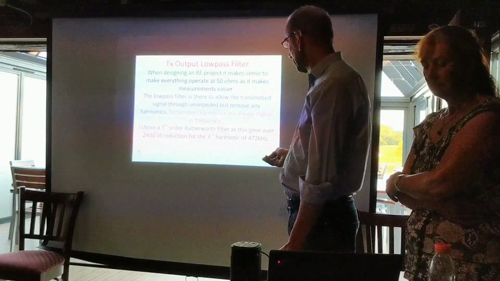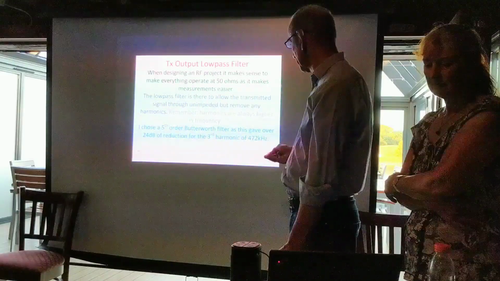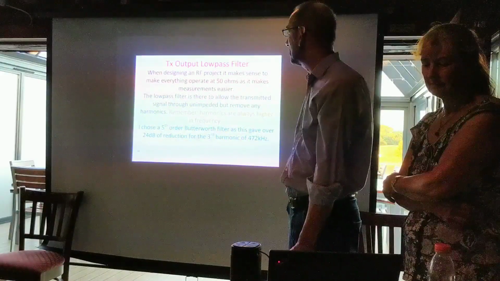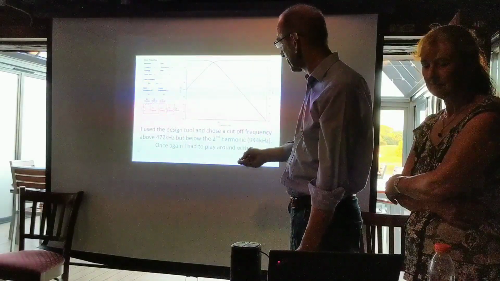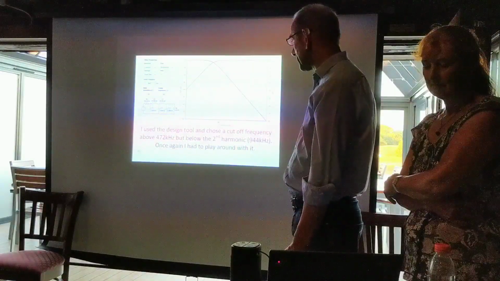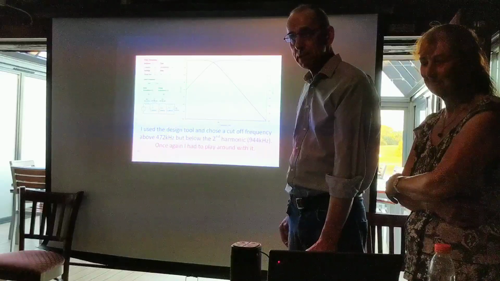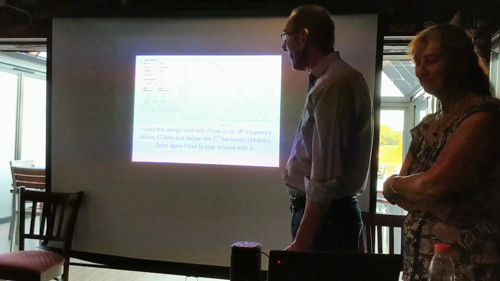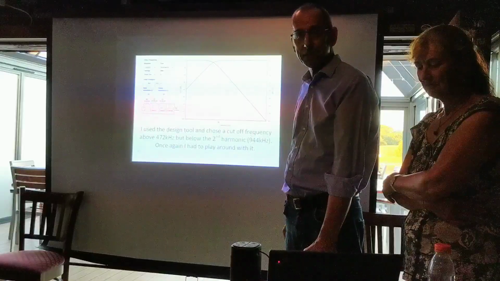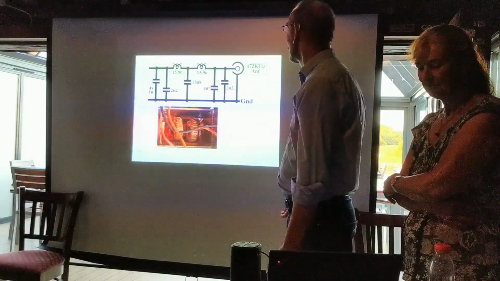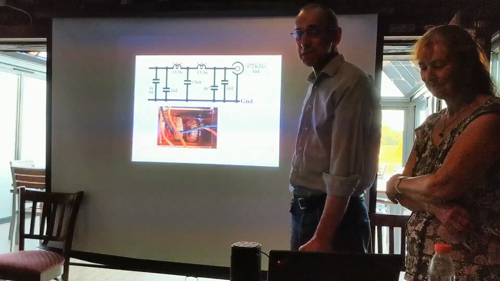Now, I chose a nice Butterworth filter, and once again, I used that wonderful design tool. Bang, there it is. Put all the numbers in, and it gave me all this wonderful stuff. And I tried it, and it didn't give me as much rejection as I wanted. Part of the reason for that is because the driver wasn't actually producing 50 ohms. So, rubbish in, rubbish out.